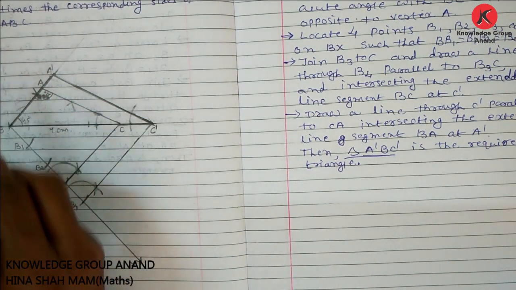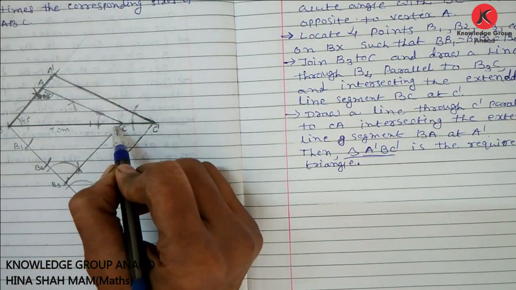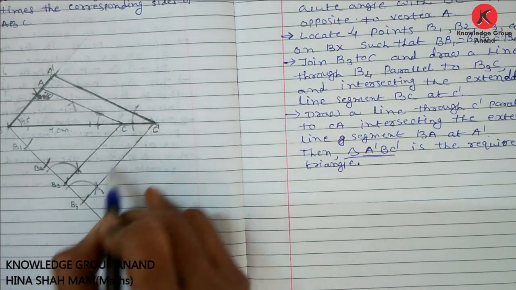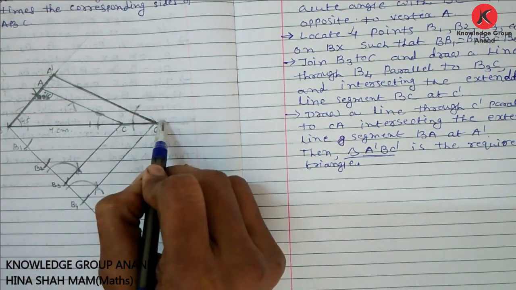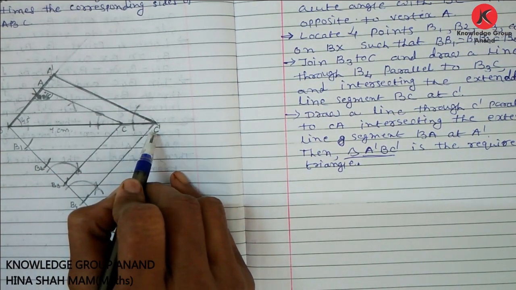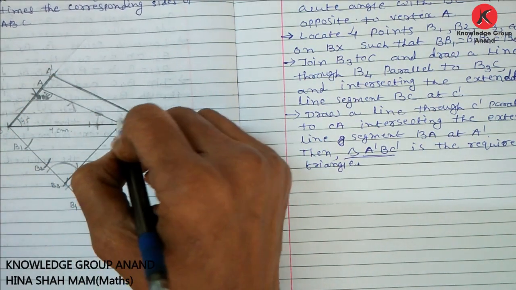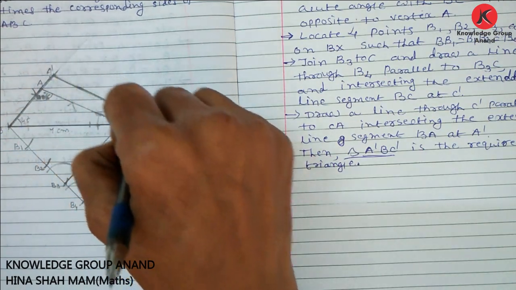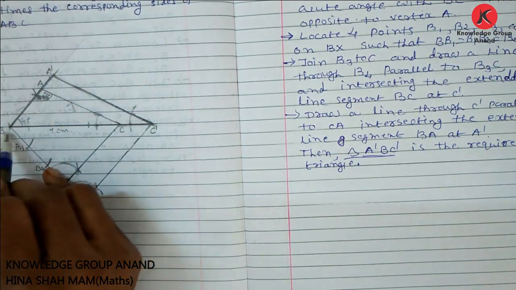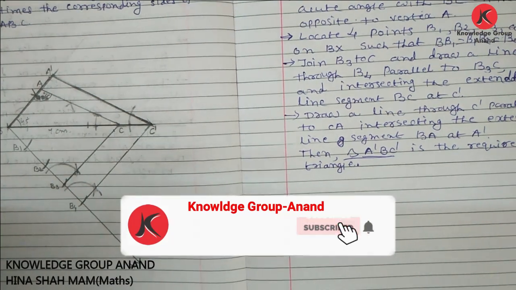Now we join 4 by 3. Our ratio is 4 by 3. Then we join third number point B3 to C and through B4 draw a line parallel to B3C and it's intersecting BC extended at C dash. Then through C dash we draw parallel line to AC which intersect BA extended at A dash. Now A dash B C dash which is our required triangle.